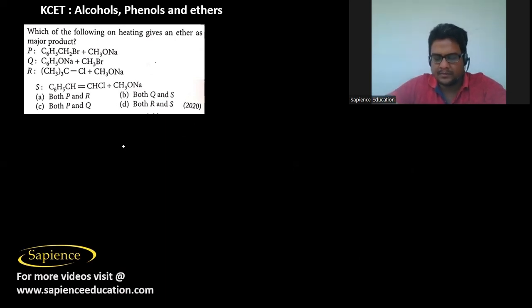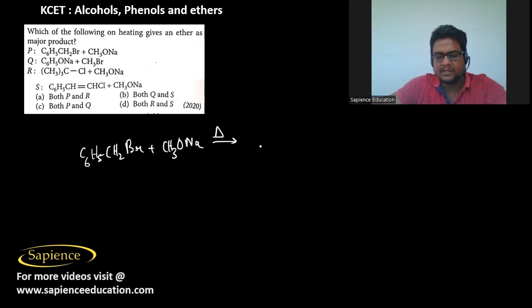So here in P it is C6H5CH2Br plus CH3ONa, and when it is heated, that will obviously produce C6H5CH2OCH3 and NaBr.